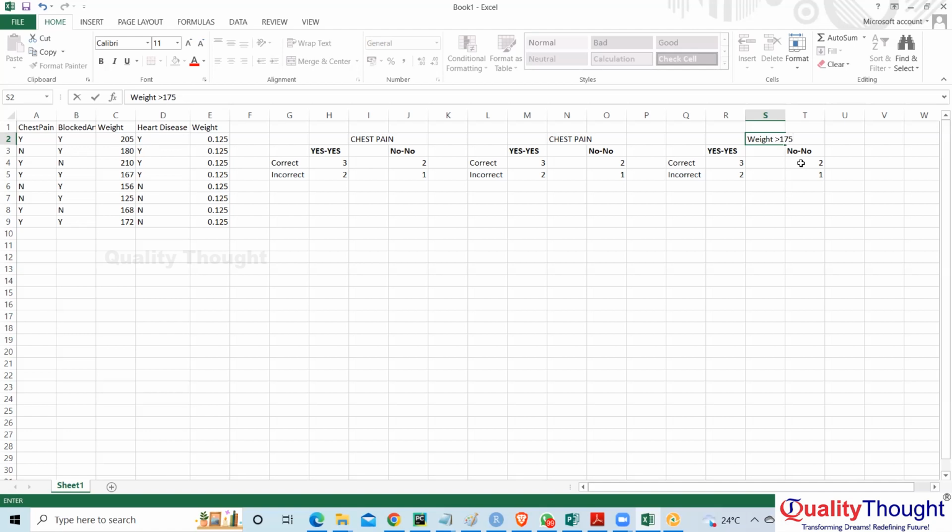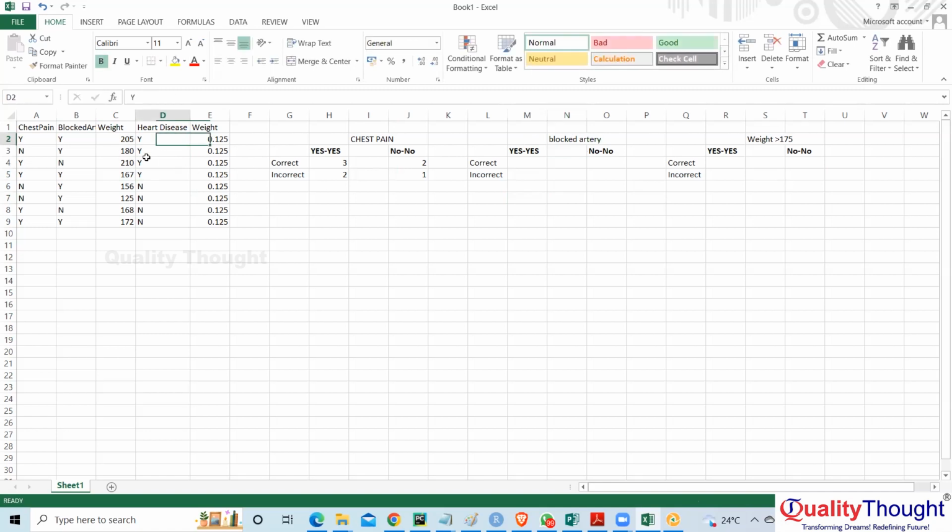So if weight is more than 175, yes. Now, for the blocked artery, look at all the yes.